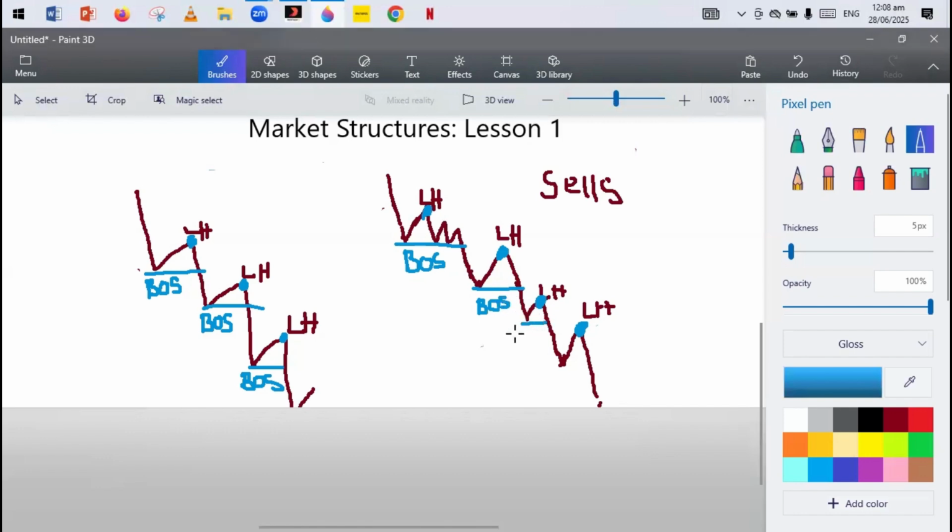Another low broken, we mark that as our break of structure. For as long as the price is breaking these lows, we are in a downtrend. Are we together, traders?